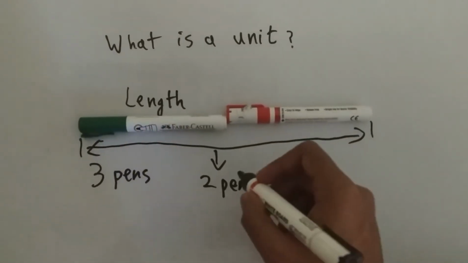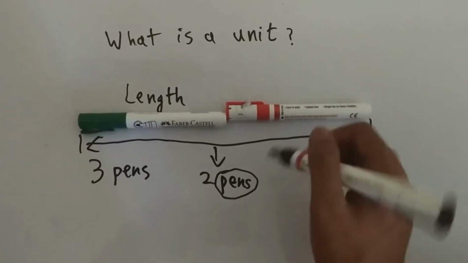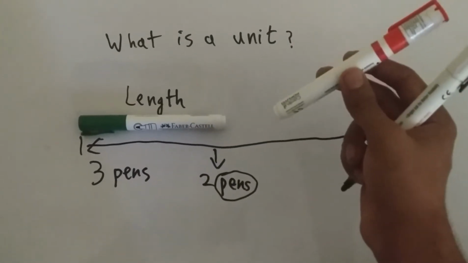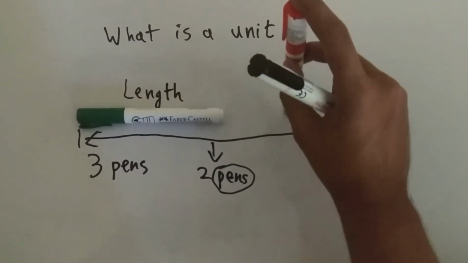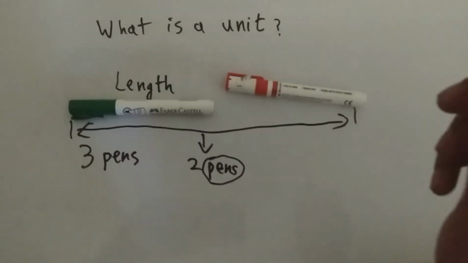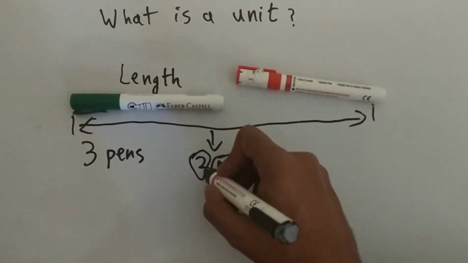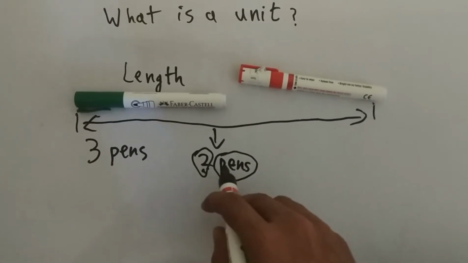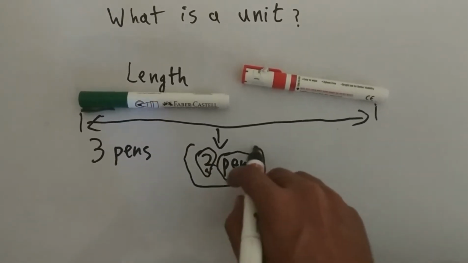Now here again, pen is a unit. This is a single unit. You are comparing this distance with this distance. 2 is just a number. 2 is a multiplier. You are multiplying 2 with the unit. 2 pens, you get a whole new meaning.